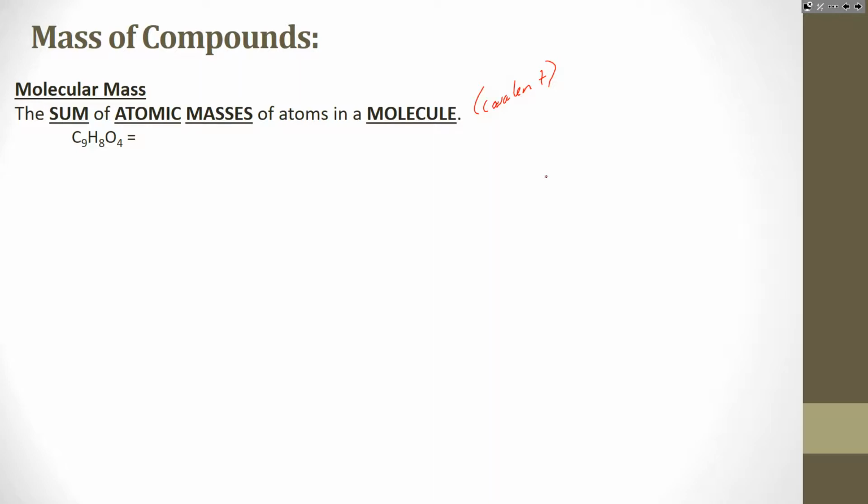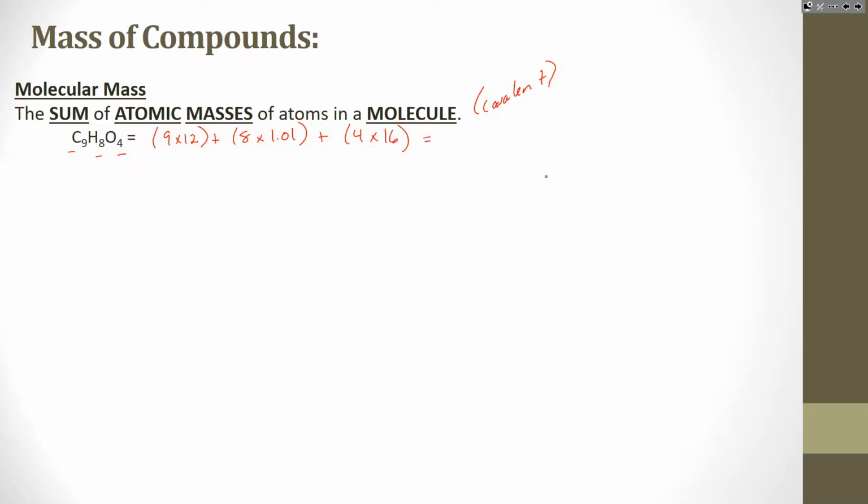So what is molecular mass? It is the mass of all of the elements in the molecule or compound. We know that carbon weighs 12. Well, there are 9 carbons, and each of them weighs 12, so I'm going to go 9 times 12. And 8 hydrogens, so 8 times 1.01, since hydrogen weighs 1.01. And there are 4 oxygens, and each oxygen weighs 16.